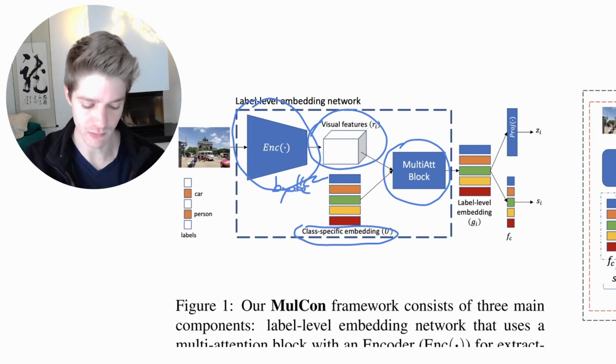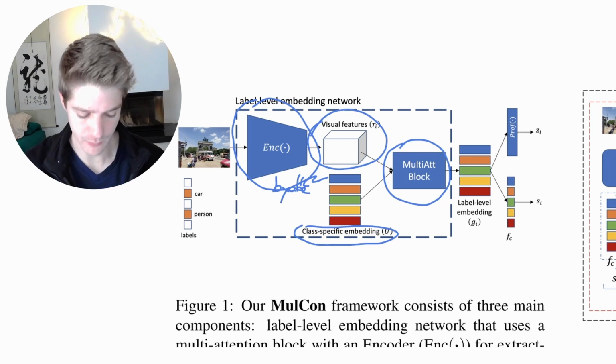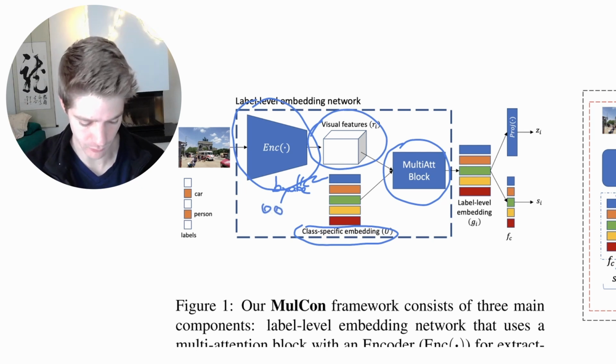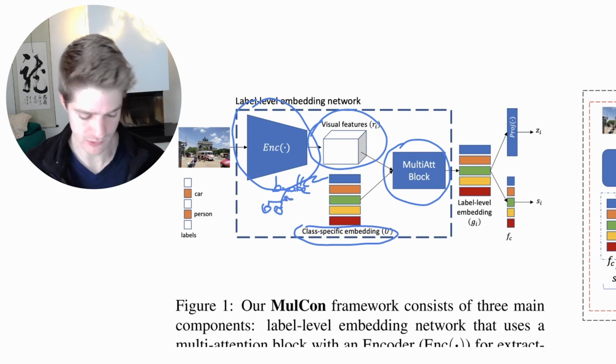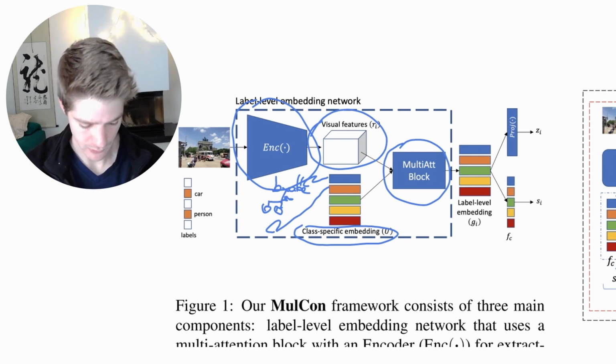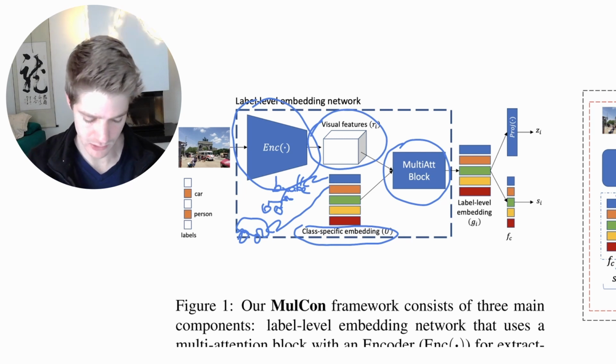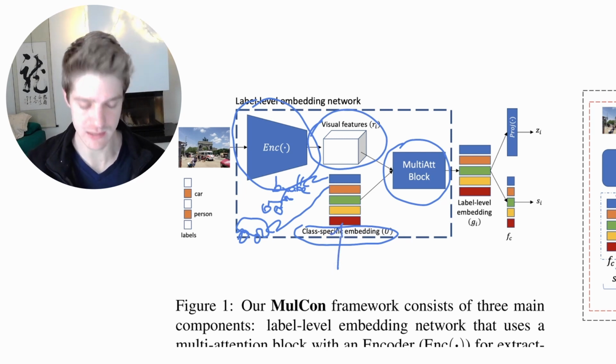And it will represent the embedding of a typical bike. The second one represents a car. So we have an embedding representing the average car, I would say. And so here we have the embeddings of all the classes we want to classify.